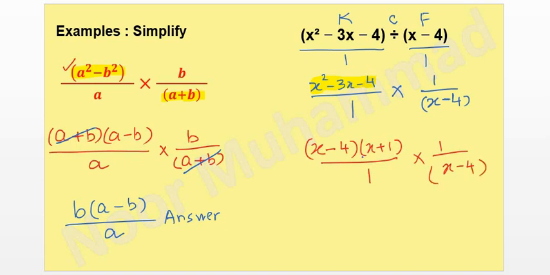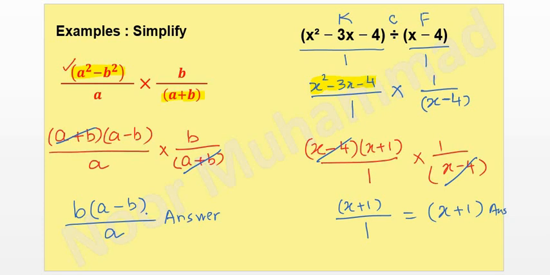Now we can see that x minus 4 and x minus 4 can be cancelled. So the final answer will be 1 times x plus 1, which is x plus 1, because whenever we multiply any factor by 1, it remains the same factor, divided by 1, that will give you the same answer. So this is your answer, right? Let me write it clearly for you. So this is the answer.